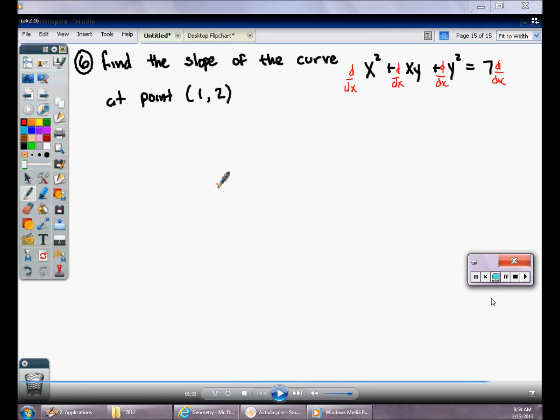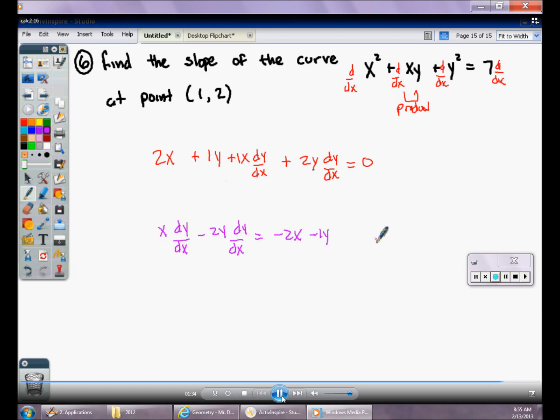d over dx of all four in the expression. The derivative of x squared gives me my 2x. I didn't write dx over dx. And then I have a product rule with xy. The derivative of y squared is 2y, and that's dy dx. Cleaning this up a bit.